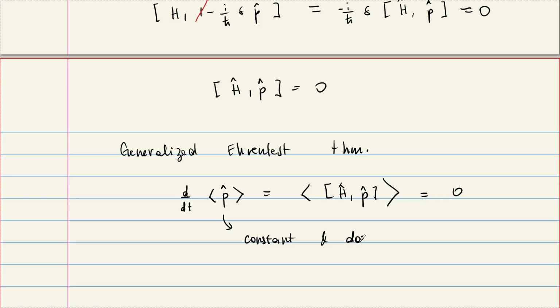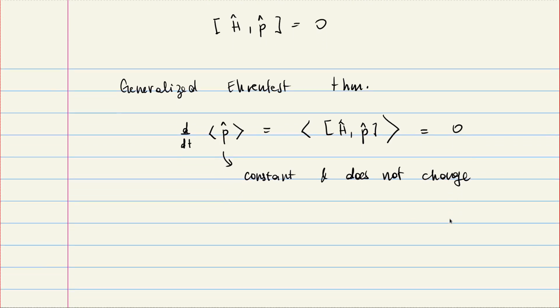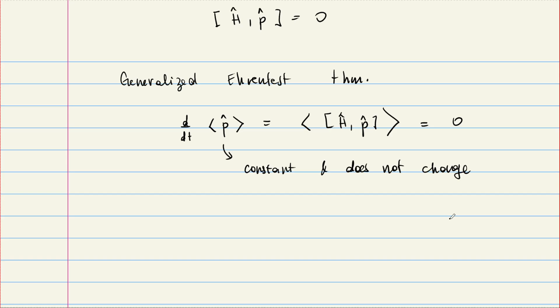and does not change. And if something is constant and does not change, what do we call it? For example, energy is constant and doesn't change. What do we say? It's conserved. That means if there is translation symmetry, H and p commute, and that means momentum is conserved.